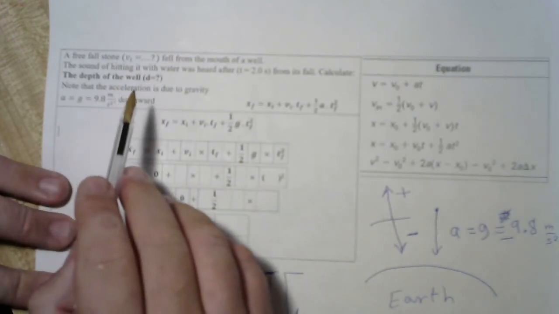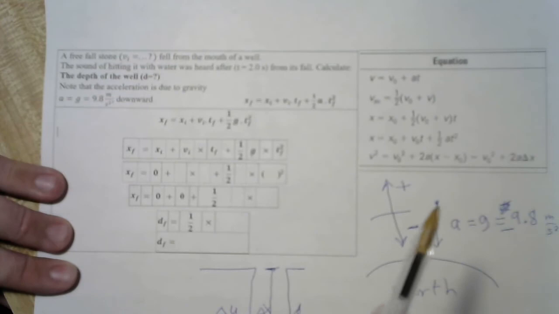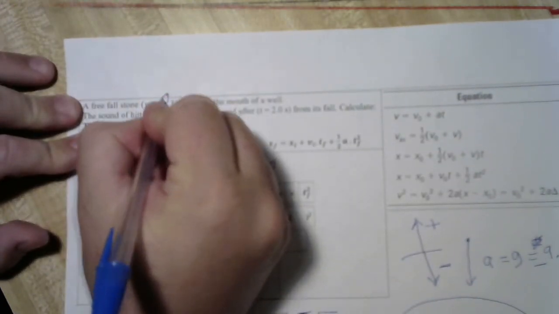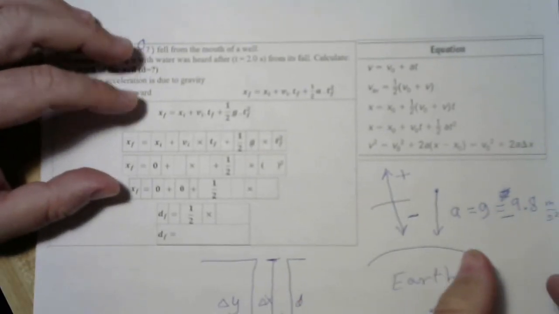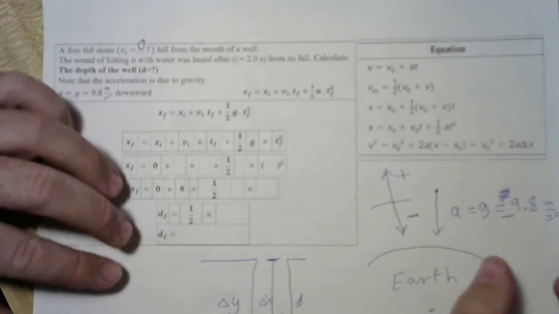And the initial velocity for free falling bodies, this is the pen free falling body, you see that on the videos, the initial velocity is 0. V initial, I will put it 0. I can find the V final, and I can find the depth, and I can find anything I need.